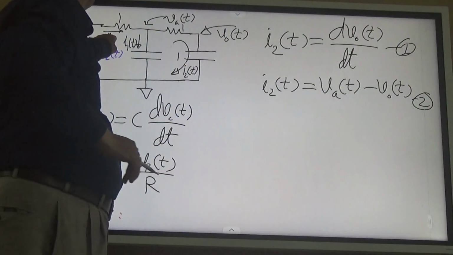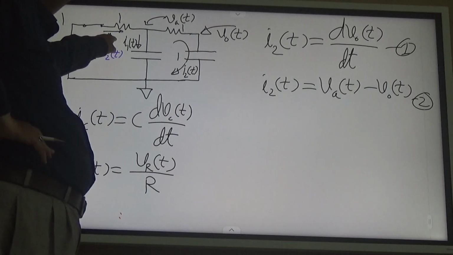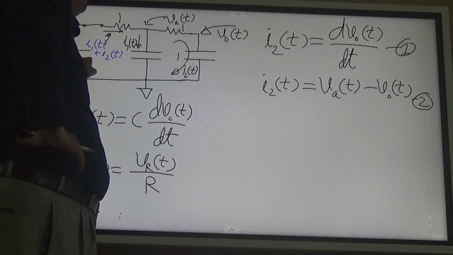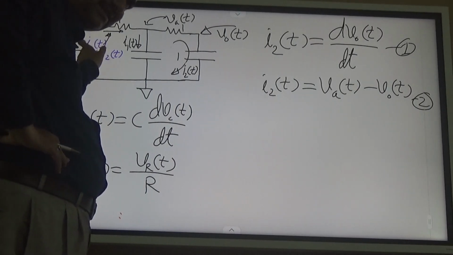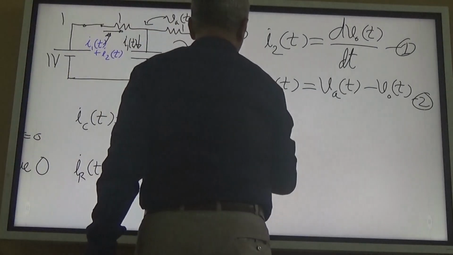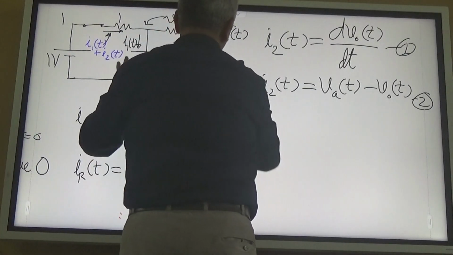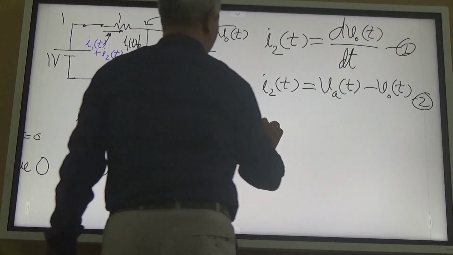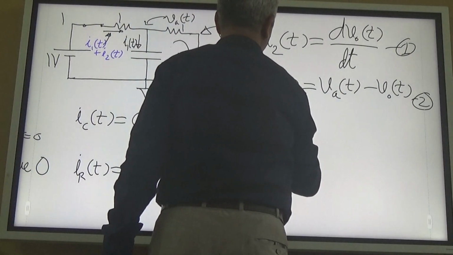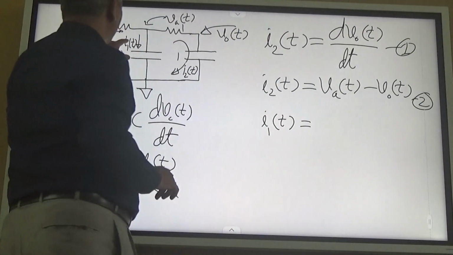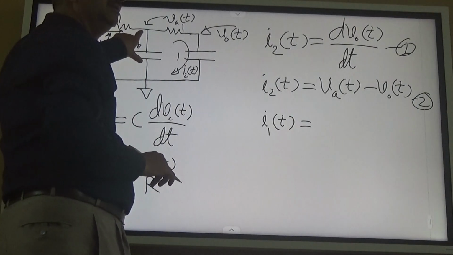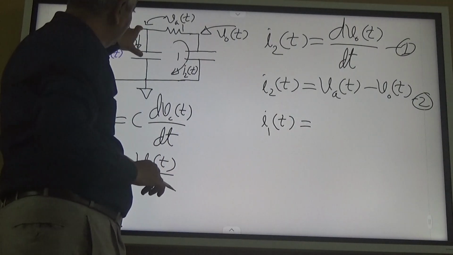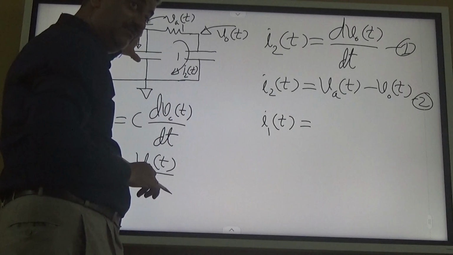Now for this, what can I have? I1T plus I2T, this current. Here we go back to the capacitor. So what is I1T? I1T is equal to C dV, where VC is VA.